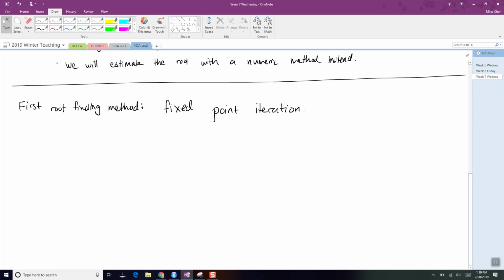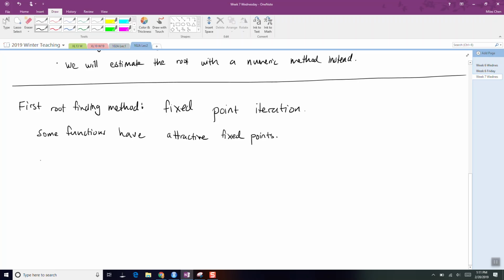Okay, and we'll say some functions, not all, but some functions have what we call attractive fixed points.